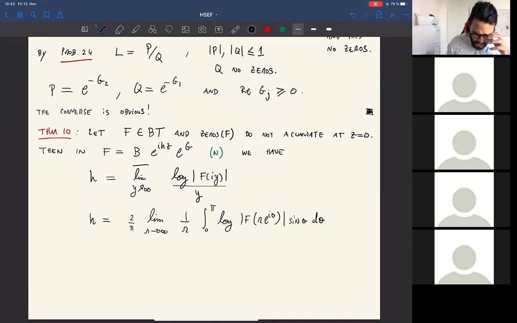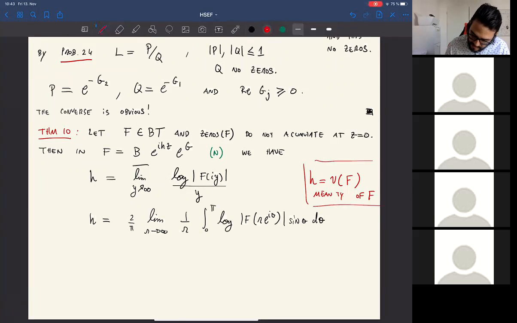And h is what we call, and the notation we're going to use for h is nu, or this weird v, I don't know, this symbol of f, and this is called the mean type. The mean type of f.